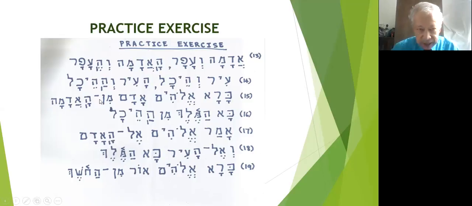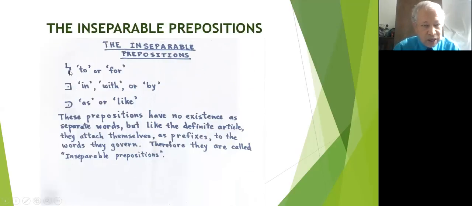In the case, though, of these prepositions, lameth, which means to or for, beth, which means in, with, or by, or kaf, which means as or like, when these are joined to a noun, they are not separated from the noun. They become part of the noun itself and of the translation.